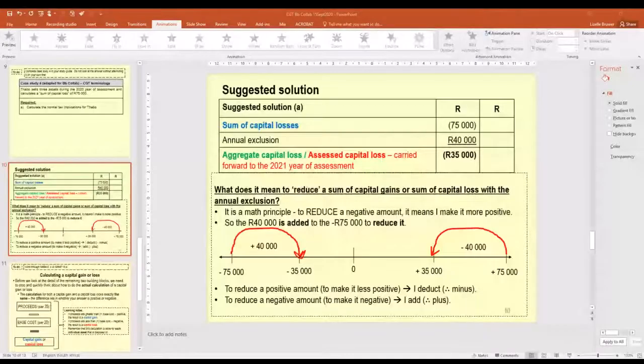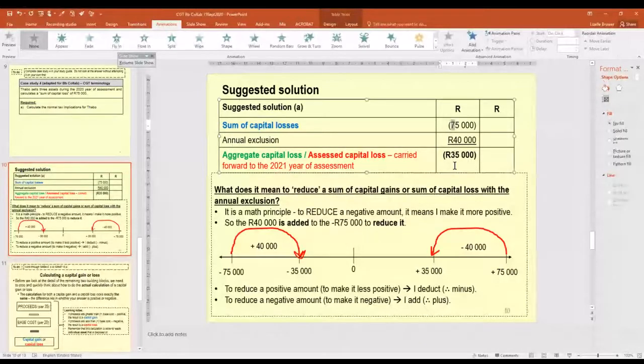Okay, so I'm going to share my screen with you again, and I'm just going to change some of the amounts. So if we were in a scenario where instead of 75,000 Rand sum of capital gains, we were in a negative 35,000, so our sum of capital losses were 35,000, and we had to reduce that with an annual exclusion. The annual exclusion is 40,000.